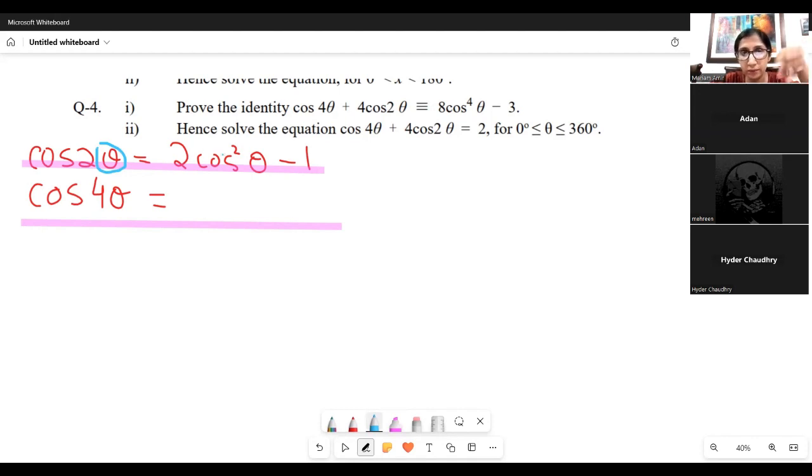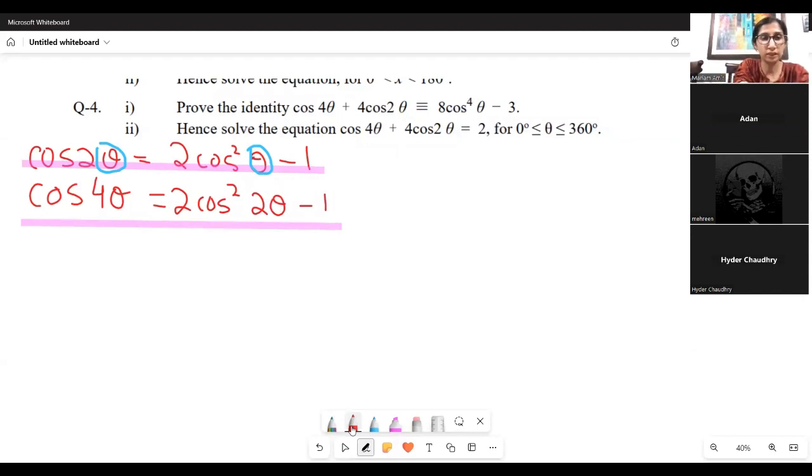If this theta doubles, then this theta also doubles. So 2 stays the same, cos square stays the same, but theta changes into 2 theta, minus 1.